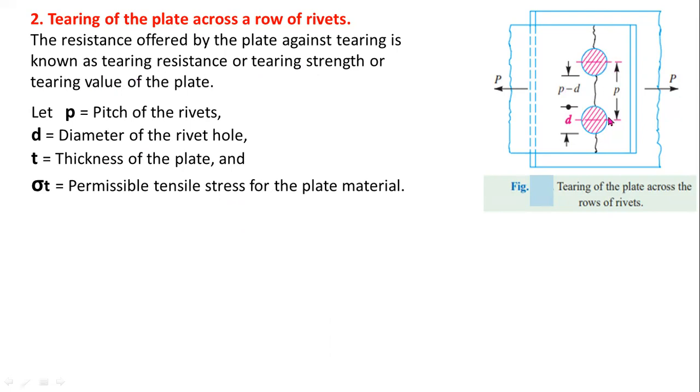The distance between two centers of the rivets is called pitch. Small d is the diameter of the rivet or rivet hole, and small t is the thickness of the plate, and sigma t is the permissible tensile stress for the plate material.